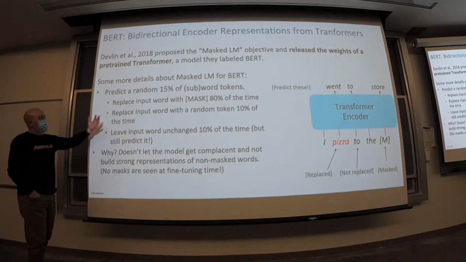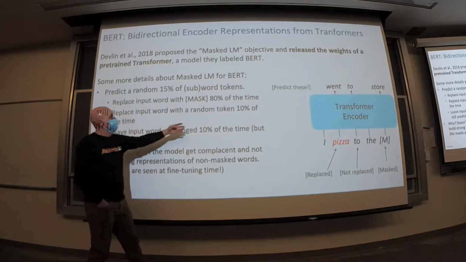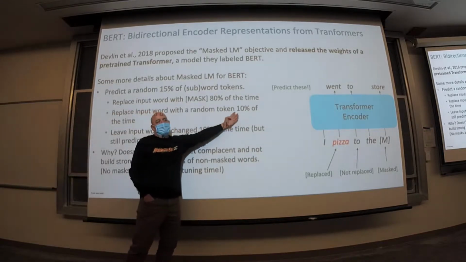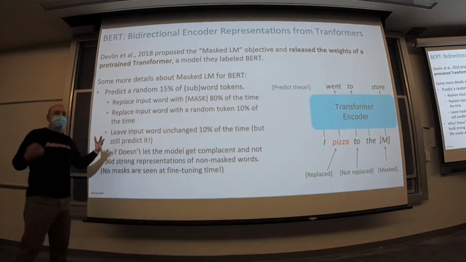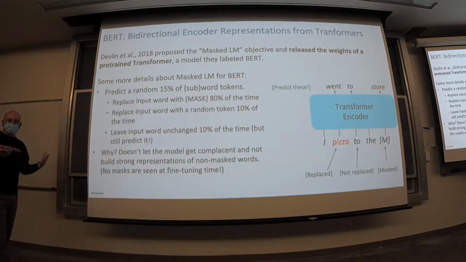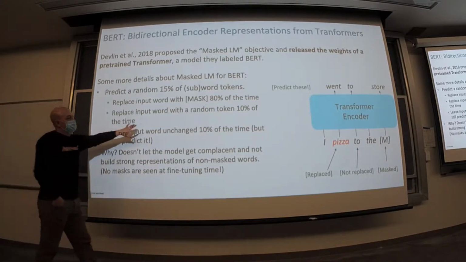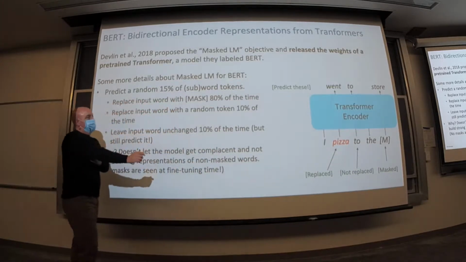Notice too, this would not work if the replacing happened 90% of the time instead of 10% of the time, right? This would completely fail because that's too much noise. There's not enough signal left. But these are like hyperparameters in terms of the training, and you add just enough noise.